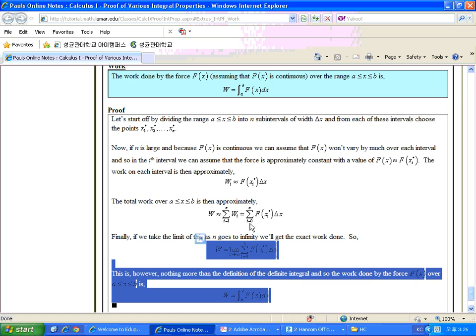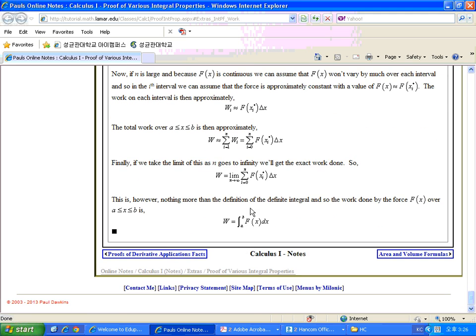So we just divide the interval, find the small sections of the work, add them, and then take a limit process to get the whole work done. This is what we learned in the earlier section, that it can be found by the definite integral like this.